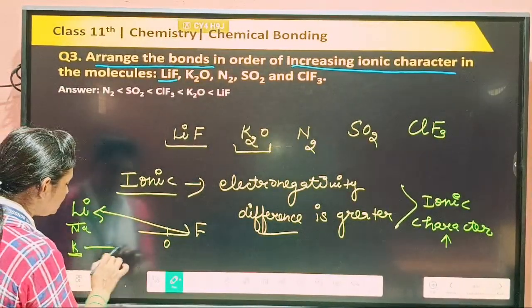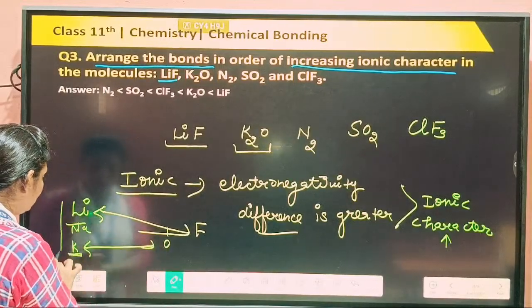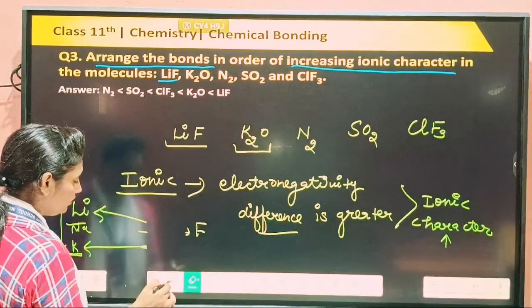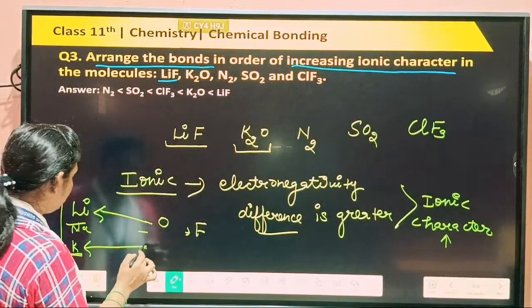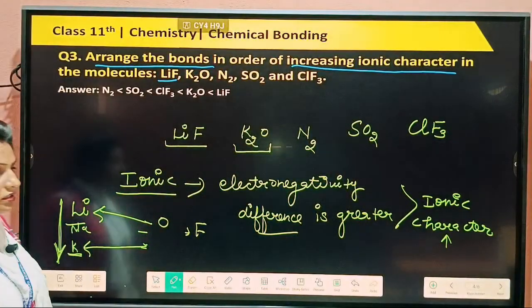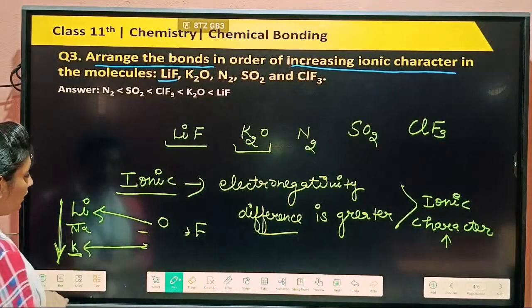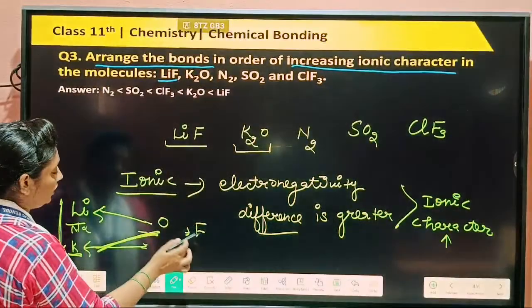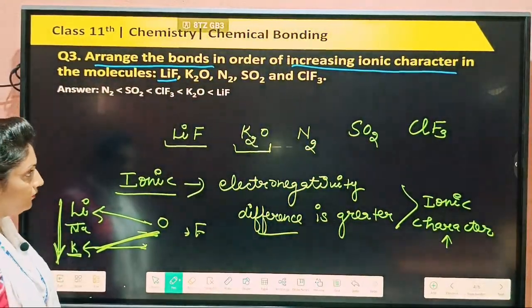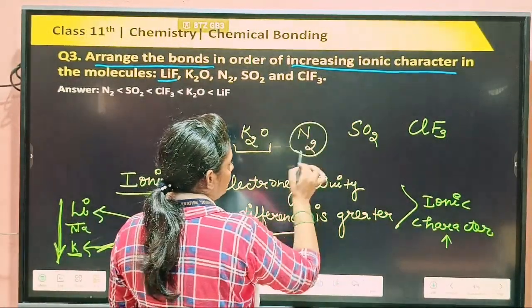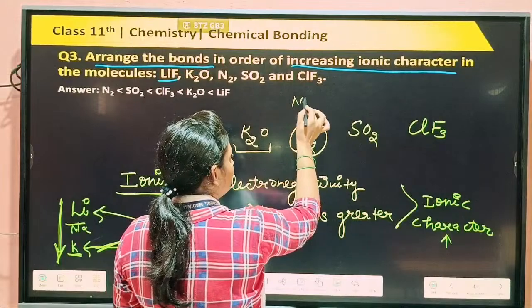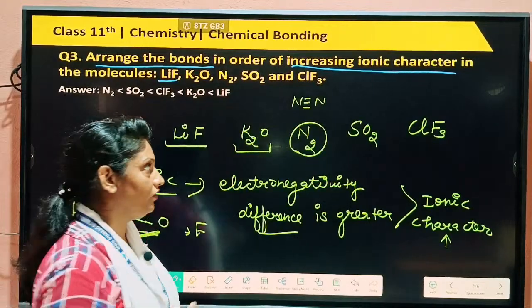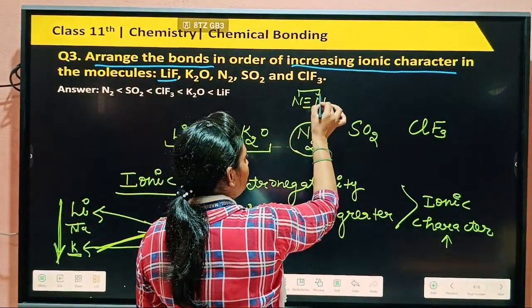So here this difference is less because down the group electronegative character decreases and positive character increases. So this difference is less than the electronegativity difference between lithium and fluorine. N2 is non-polar because the bond is formed between nitrogen and nitrogen and both have the same electronegativity, so here it is non-polar.